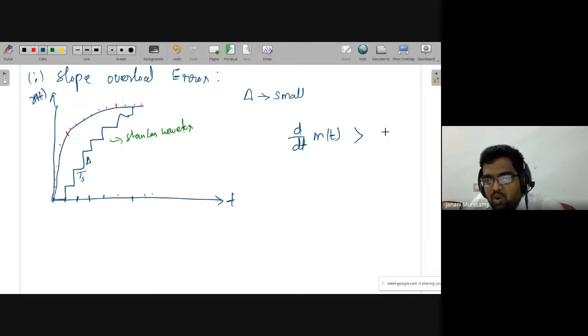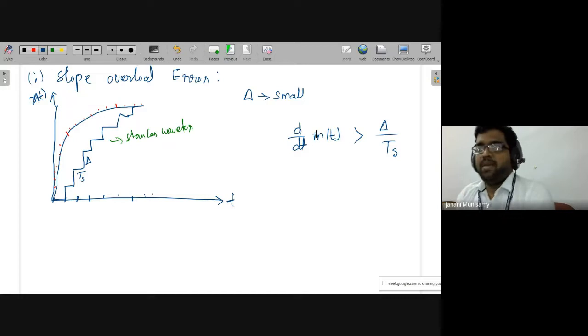So you know y divided by x is the slope. So this is delta divided by Ts. So if the message signal slope is greater than the slope of the staircase waveform, then definitely slope overload error will occur. Okay, this is the condition for occurring the slope overload error.